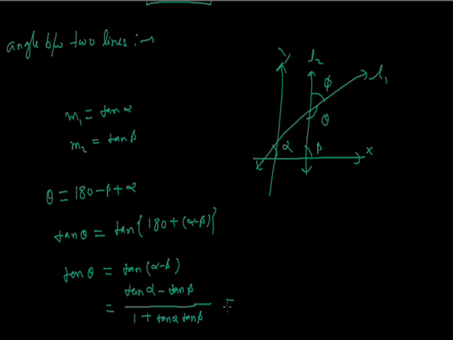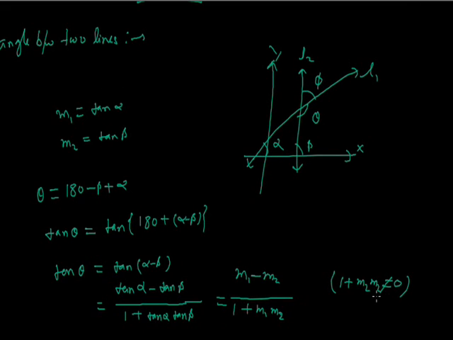Here we know that tan alpha is equal to m1 and tan beta is equal to m2. So it is equal to m1 minus m2 upon 1 plus m1 m2. Here a necessary condition is that 1 plus m1 m2 should not be equal to 0.